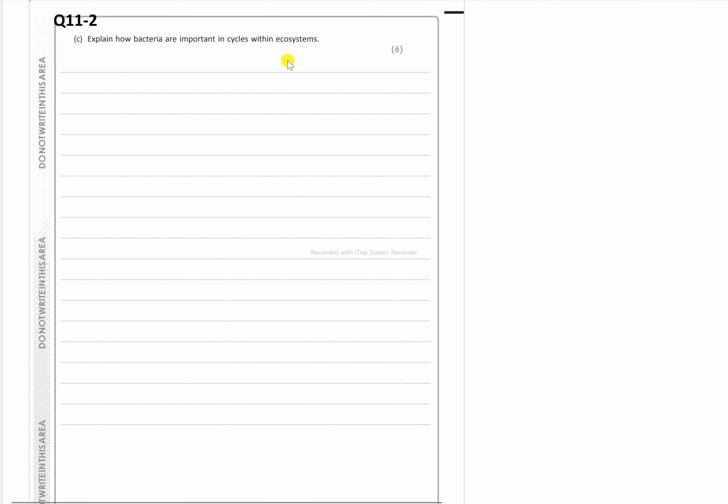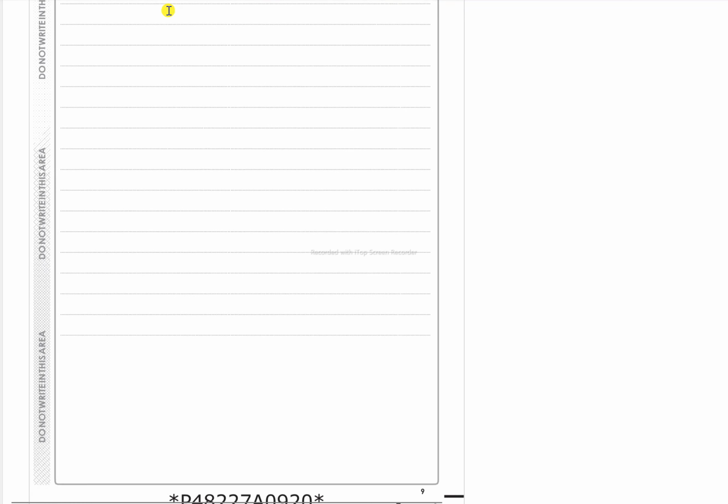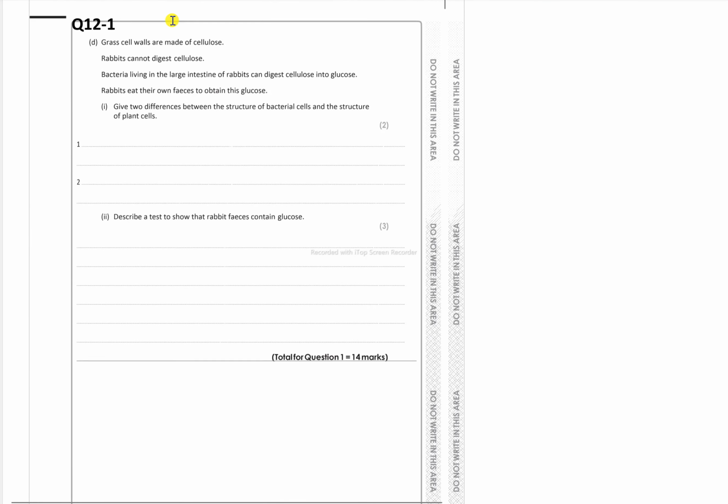Right, again, this question we're going to do in the carbon cycle, in the nitrogen cycle. Yeah, we'll leave that. That's going to come up in the cycle.